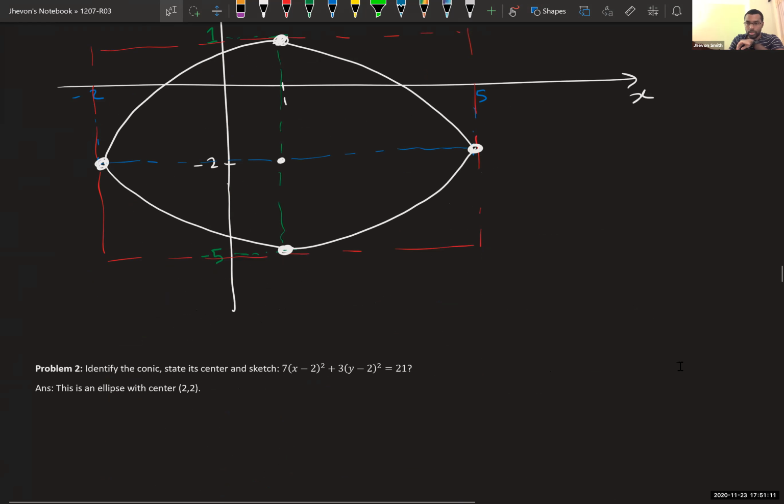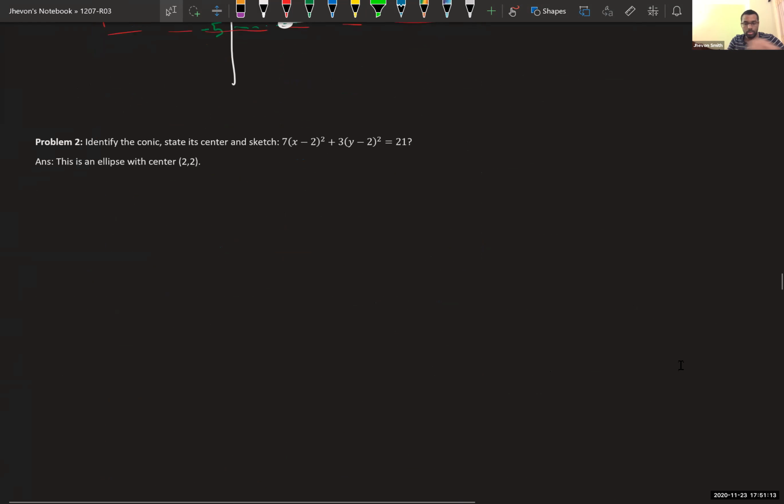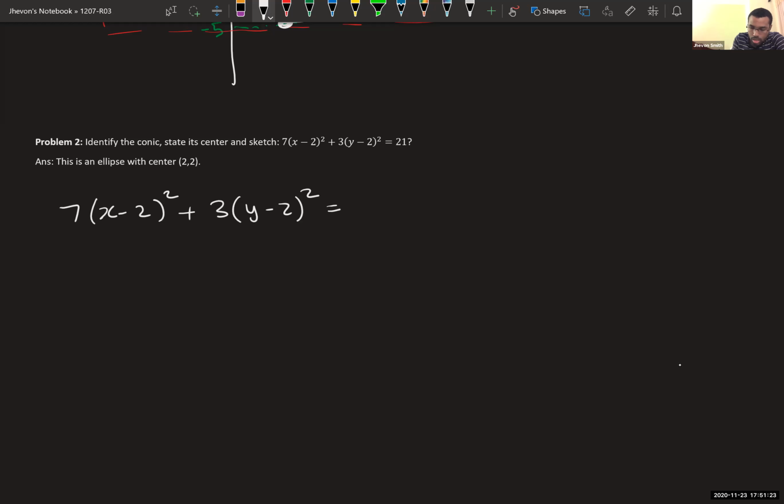This is also an ellipse. Let's see how this one looks. It already has sort of a complete squared vibe going with it. Again, the 21 on that side is what's bothering me. I'm going to divide by 21.